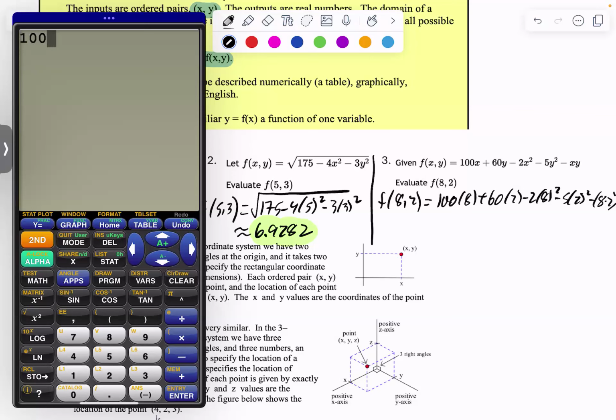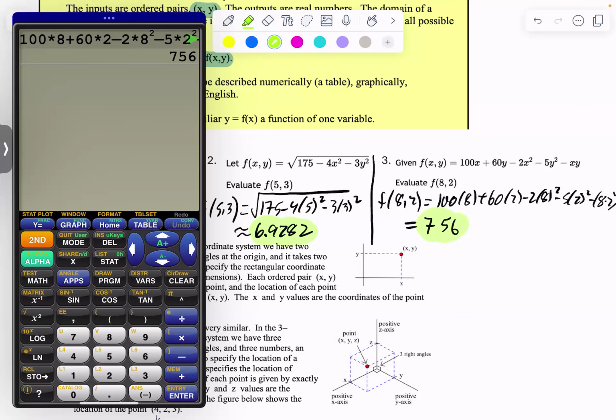So 100 times 8 plus 60 times 2 minus 2 times 8 squared minus 5 times 2 squared minus 8 times 2. And I'm getting about 756.